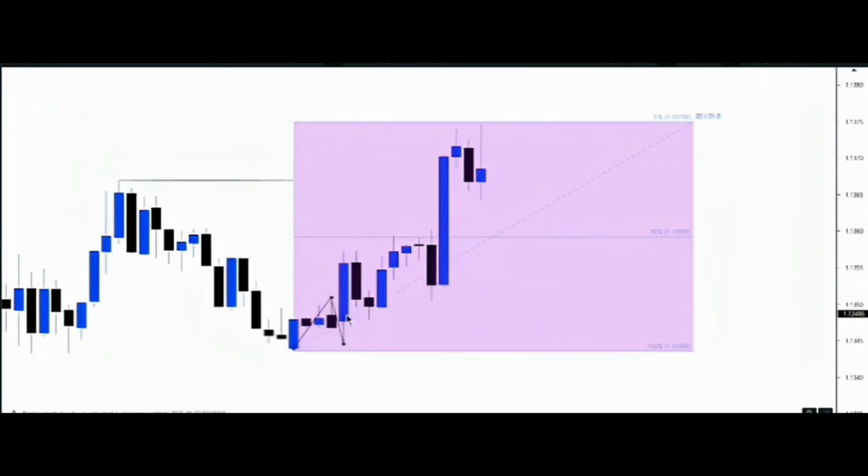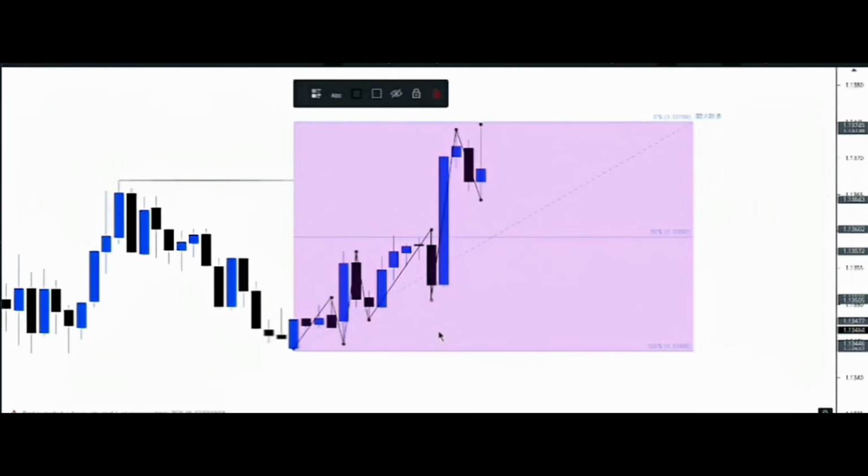Again, pushed higher, retraced, pushed higher, retraced, pushed higher. Can you see that?